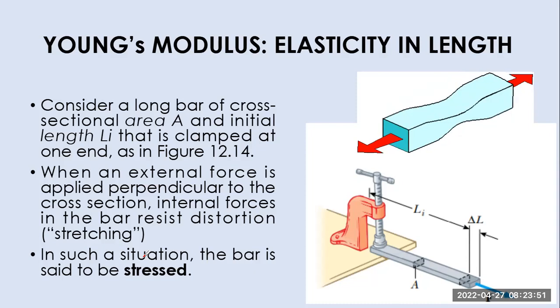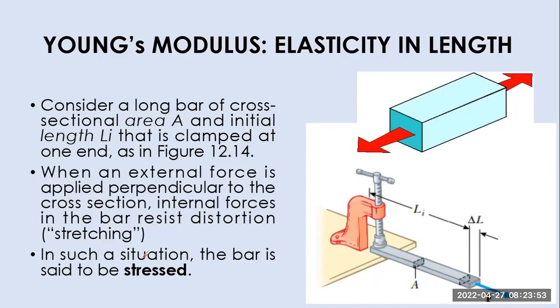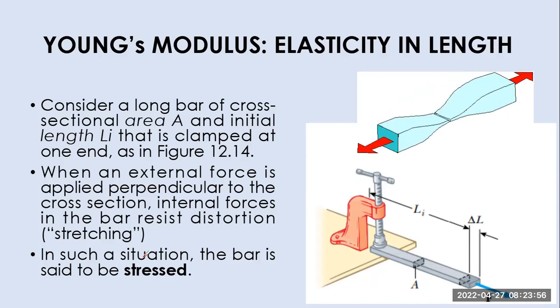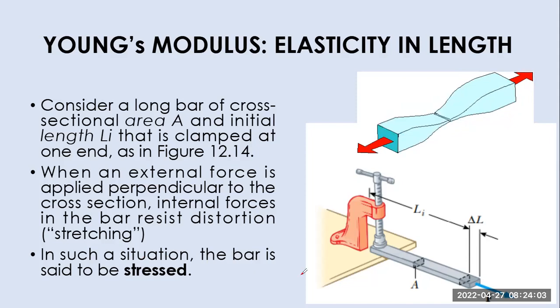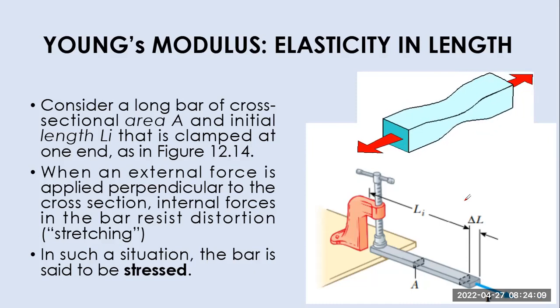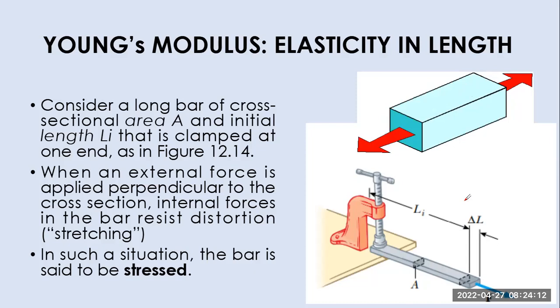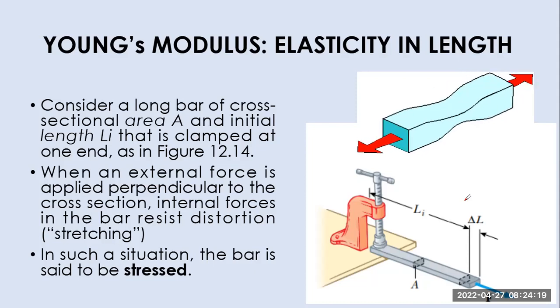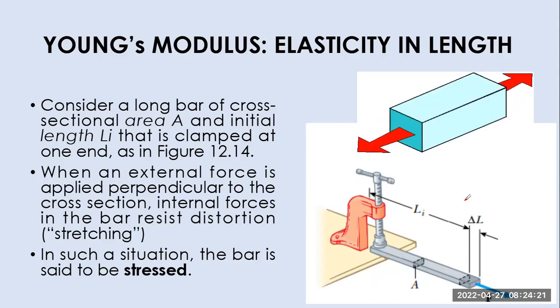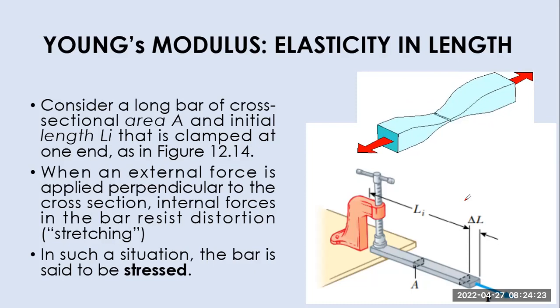We consider a long bar of cross-sectional area A and initial length Li that is clamped at one end. Kung makikita ninyo dito sa ating figure 12.14. When an external force is applied perpendicular to the cross section, internal forces in the bar resist distortion or yung ating stretching.